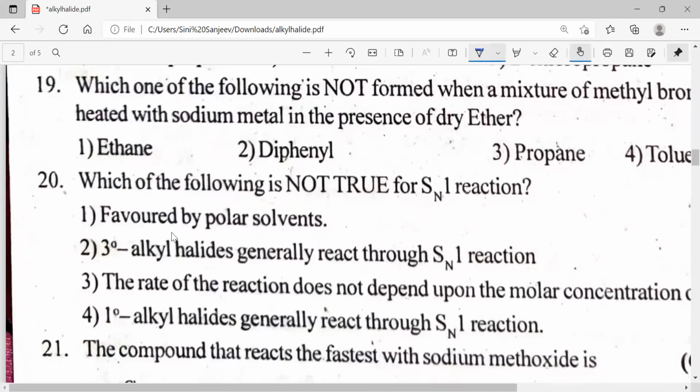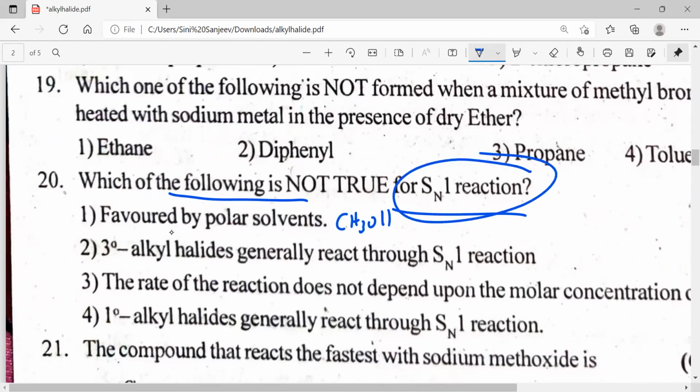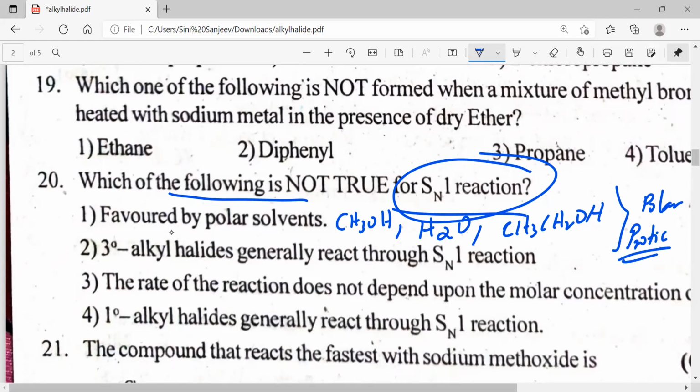Question number 20. Which of the following is not true for SN1 reaction? Favored by polar solvents. Not true. SN1 reaction means CH... solvents or product, because it is favored by.